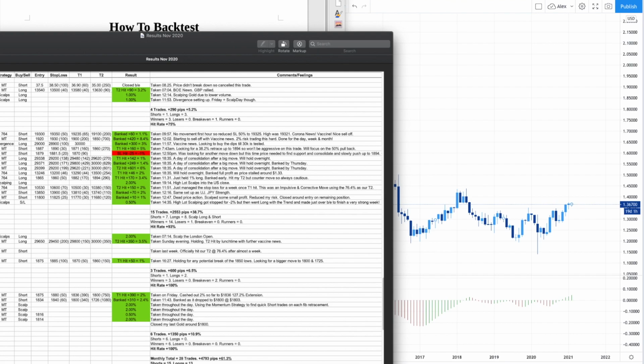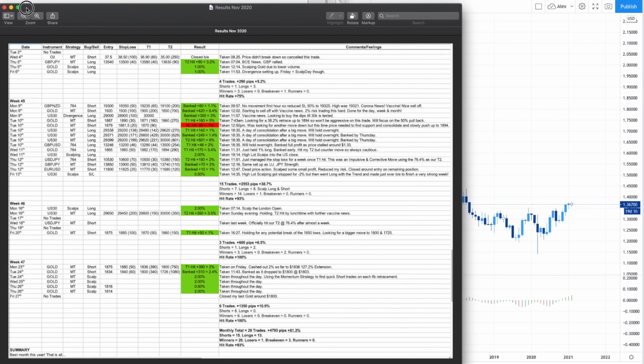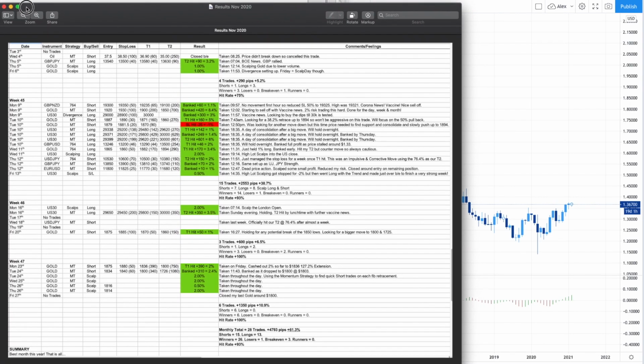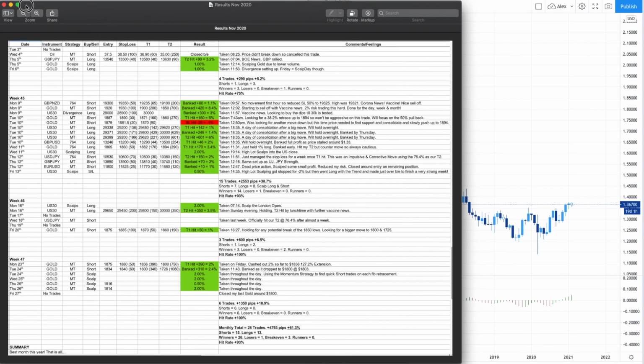Again, it's a bit wonky there. There we go. That's an example of my trade journal. This one is for the month of November 2020, so I had a good month, and I thought I'd show that off because it's just got one splash of red in there. So the hit rate was pretty decent out of all those trades.